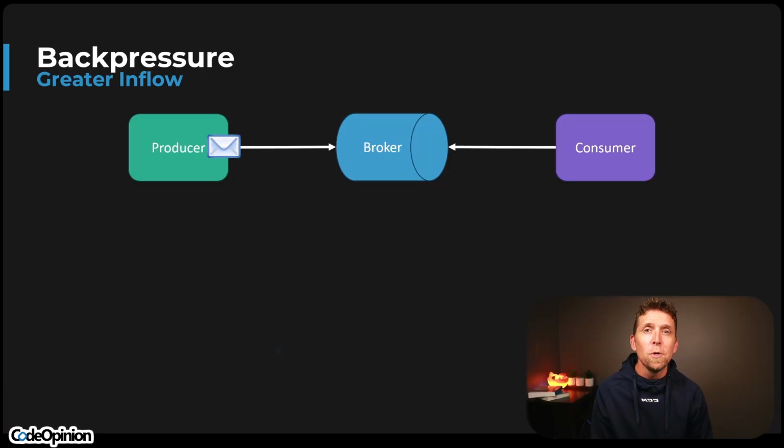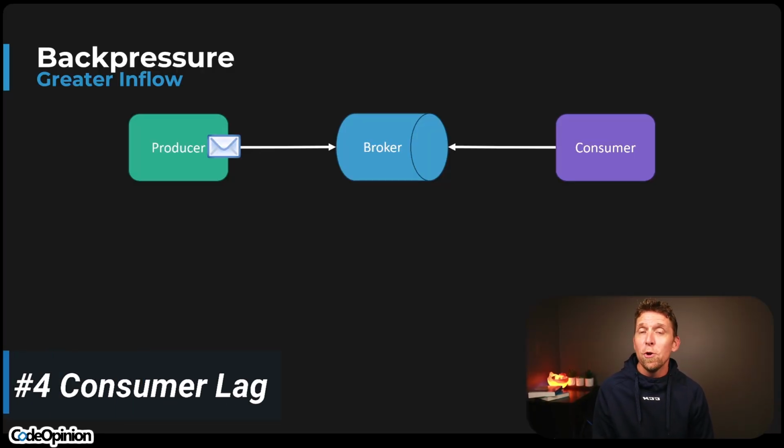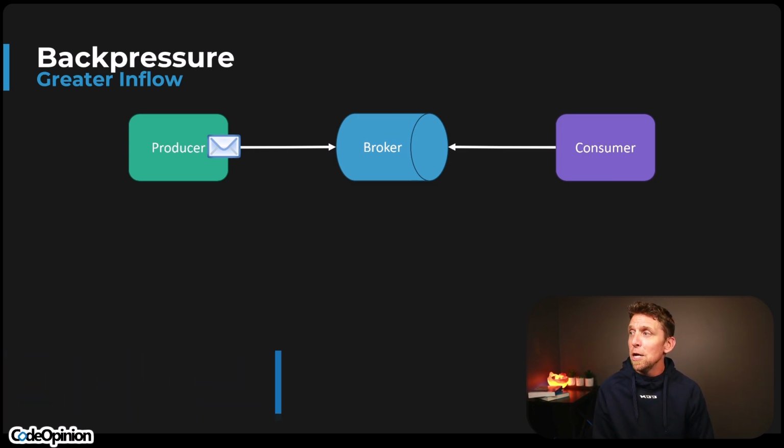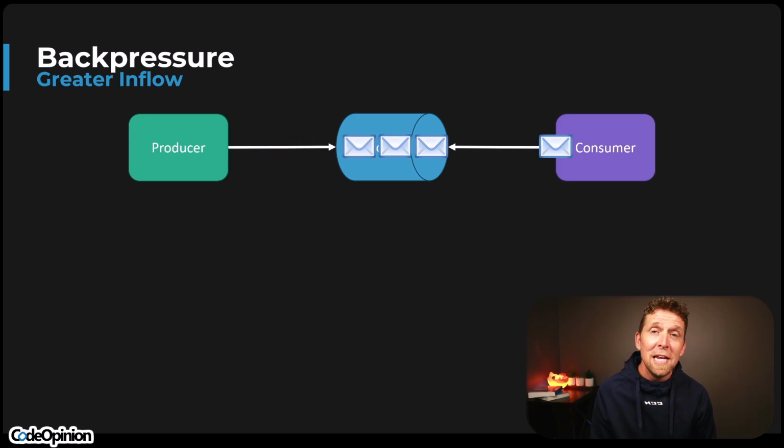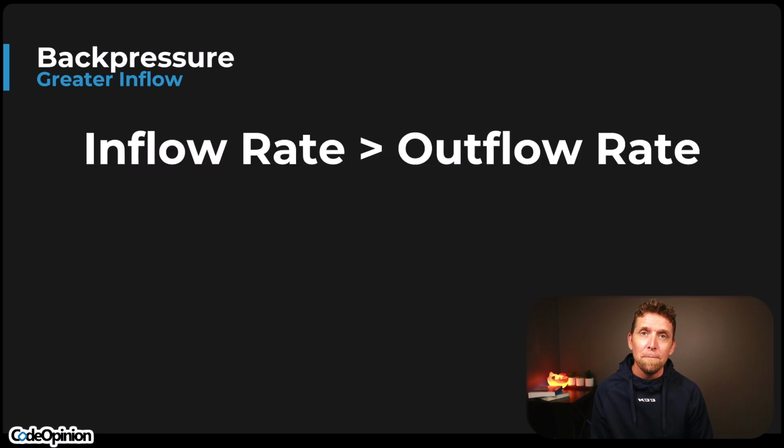And what can bring your system to its knees is latency, whether it be a queue or if it's a topic, because it's events, and consumer lag. So you're producing messages to your broker, you have your consumers consuming them, but you're simply producing more messages quicker than you can actually consume, and you can never really catch up.